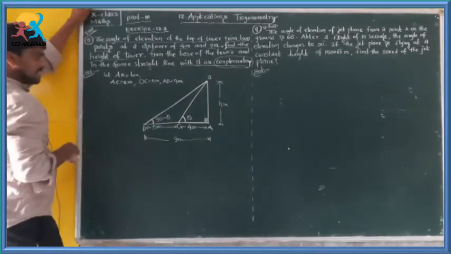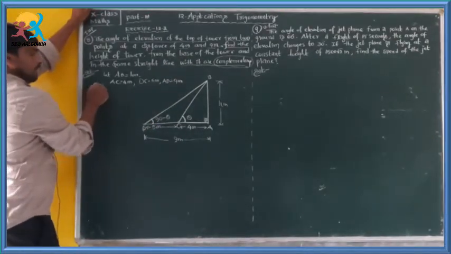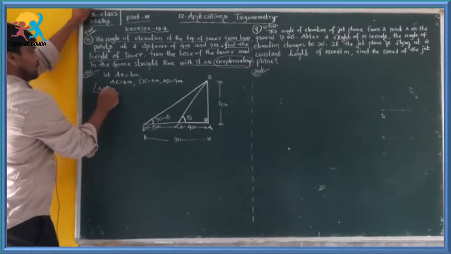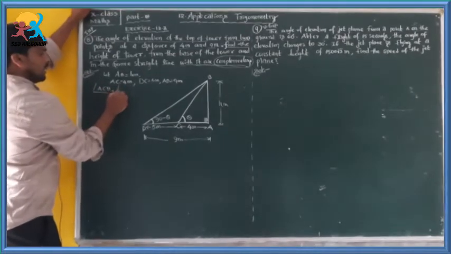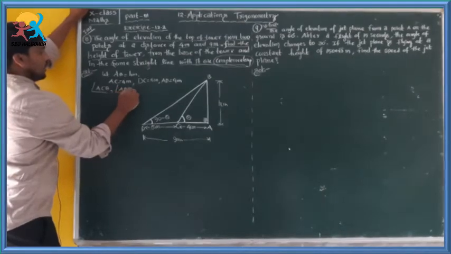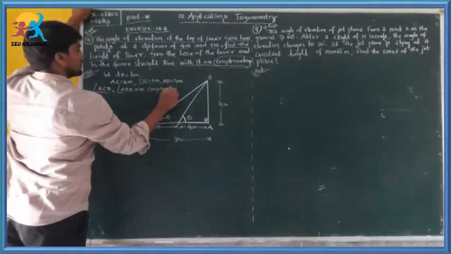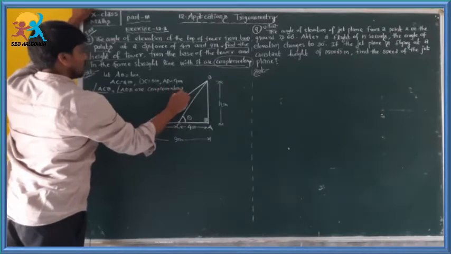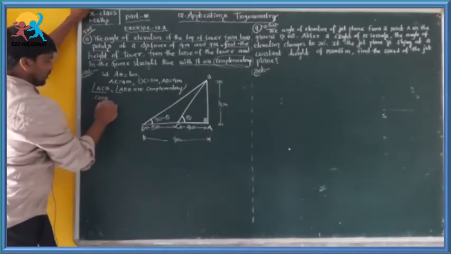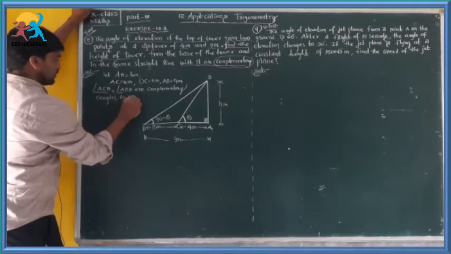They are the given distances. Therefore, angle ACB and angle ADB are complementary angles to each other.